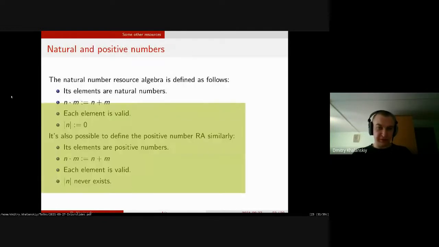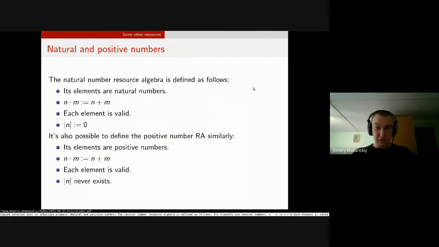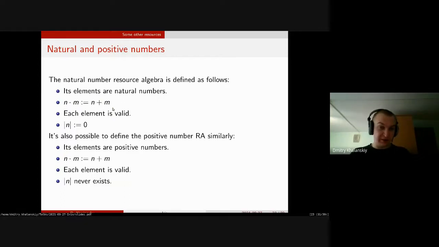So here's this. It's really not clear at the moment why we may ever need those, because these resources don't really ever interact in any interesting ways. If my thread owns, let's say, 5, and another thread owns, let's say, 7, what does it really give us?